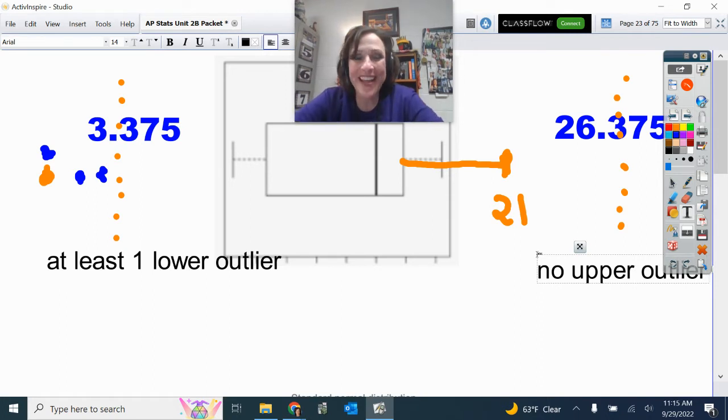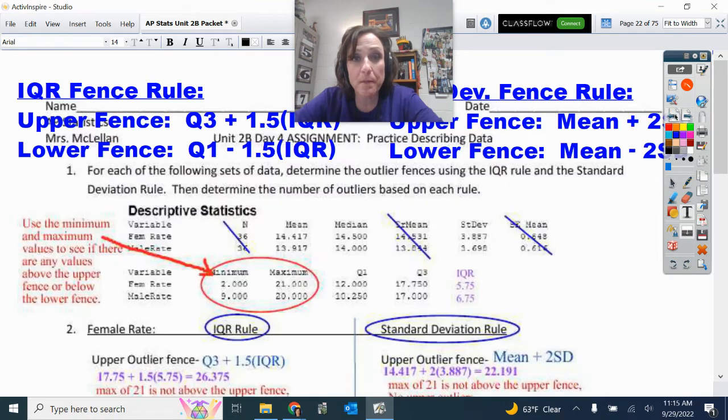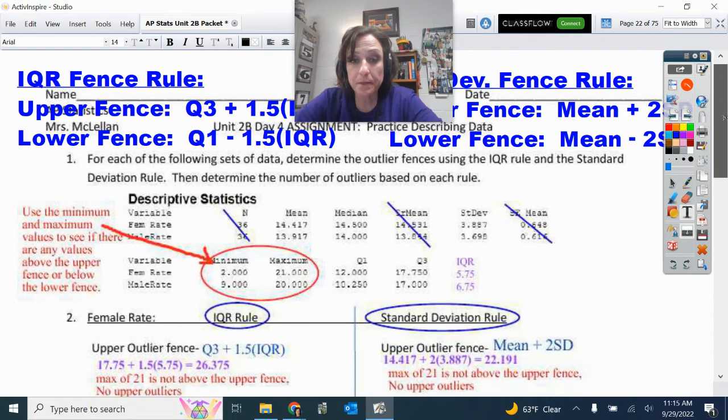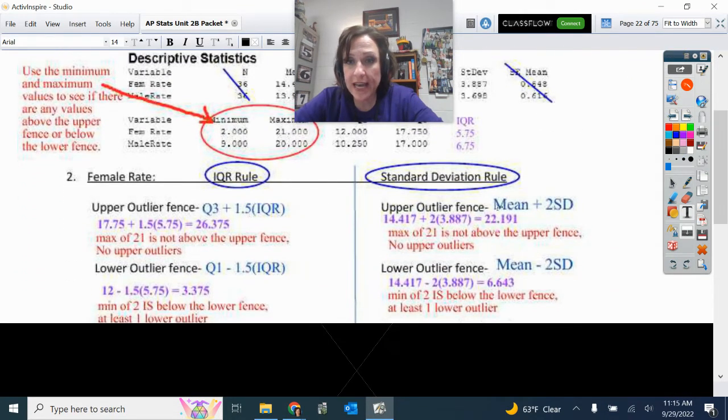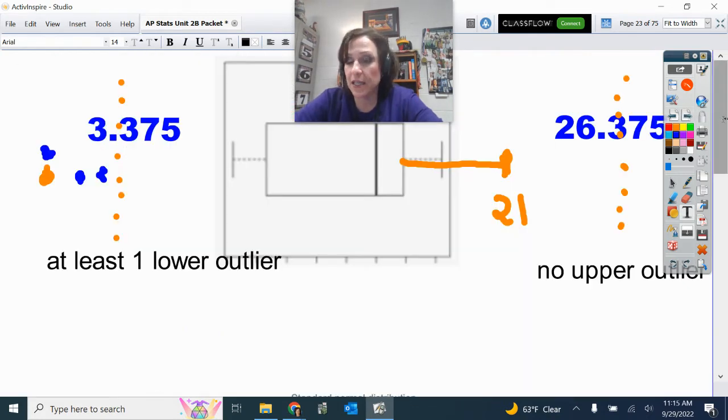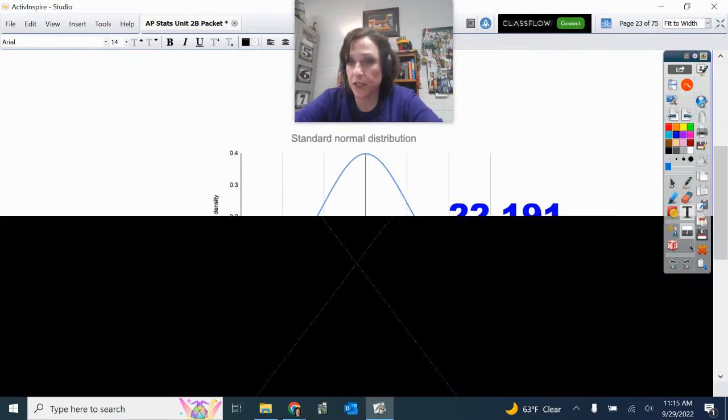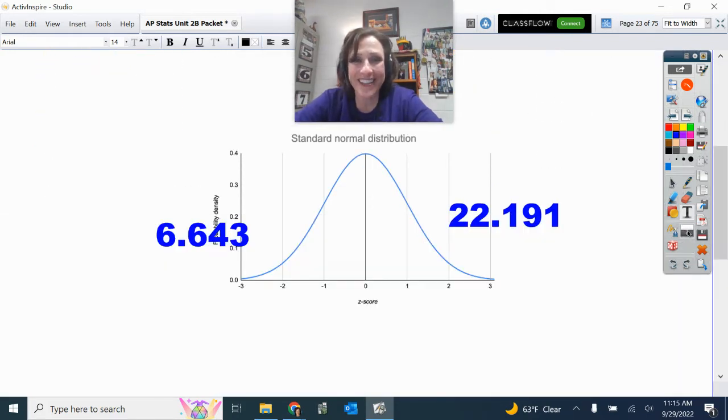All right, now let's look at the results from our standard deviation rule. This is how I did that: mean plus 2 standard deviations and mean minus 2 standard deviations. I got 22.191 and 6.643. And here's what that looks like.